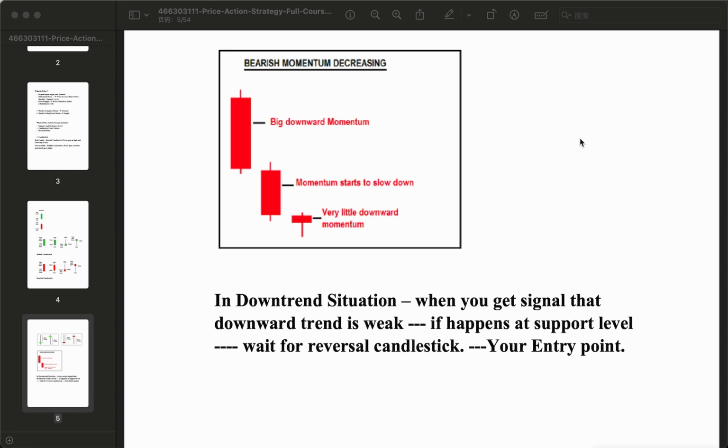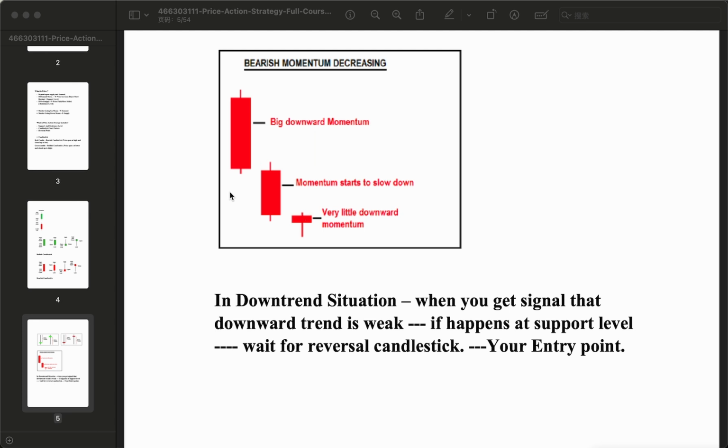Here you see this bearish momentum decreasing. You're seeing this big downward momentum, with the entire candlestick labeled as a big reddish color, a much bigger red area, a huge one. And then you're seeing this momentum slowing down because you have less reddish area.